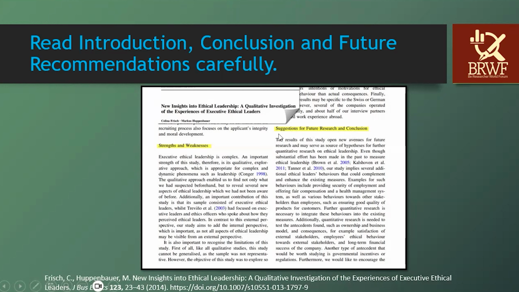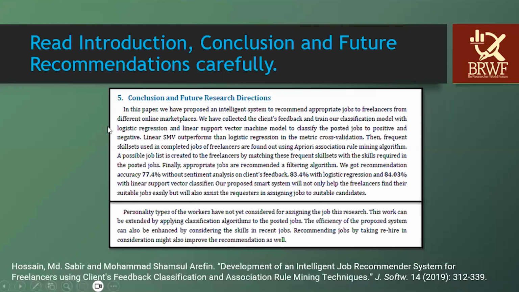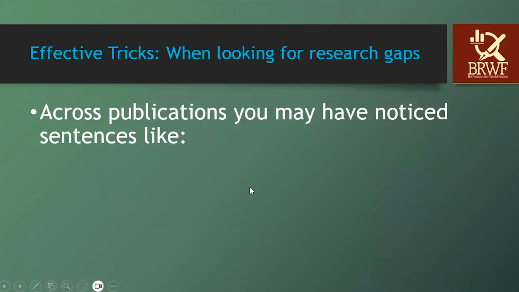Don't focus on the title, but focus on the sections where they mention very clearly the strengths and weaknesses of the research, and also suggestions for future research and conclusion. Understood? Almost all papers should consider this section: what is the future recommendation? Okay, fine, inshallah. Up to this. Yes, sir. Okay, thank you.